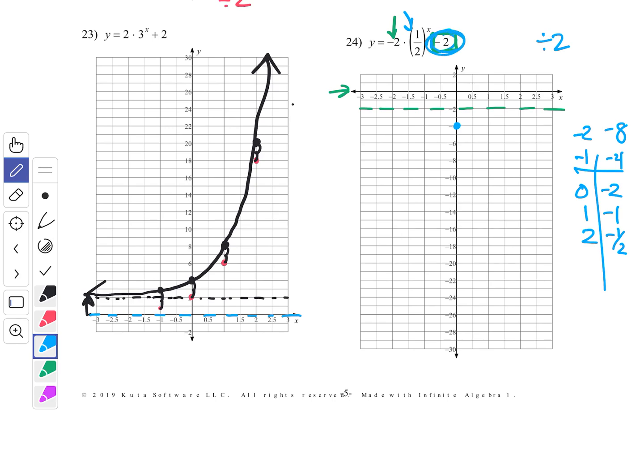But I'm going to subtract 2 from everything. So instead of -8, that would be -10. Instead of -4, that'd be -6. Instead of -2, that would be -4. Instead of -1, -3. Instead of -1/2, -3.5.